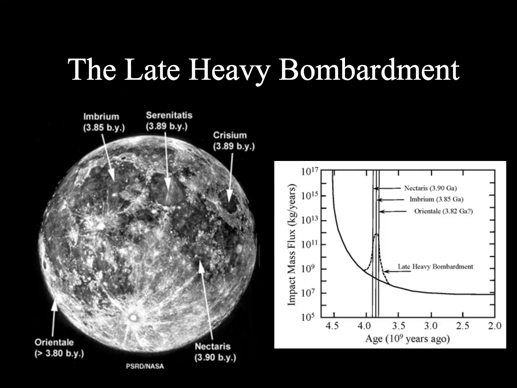Looking at the moon, you can see that it is heavily cratered. A period of time about 3.8 billion years ago, called the Late Heavy Bombardment, saw both Earth and the moon getting impacted by lots of objects. Some of these impactors were very large. They could actually punch through the young moon's crust, forming lava lakes.